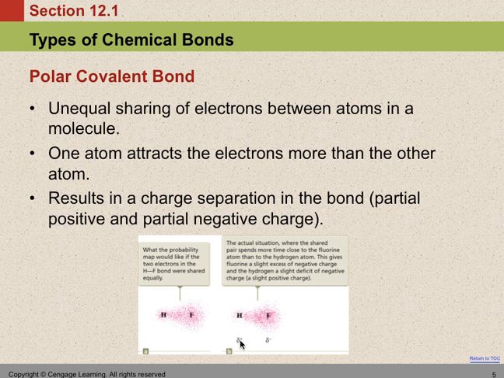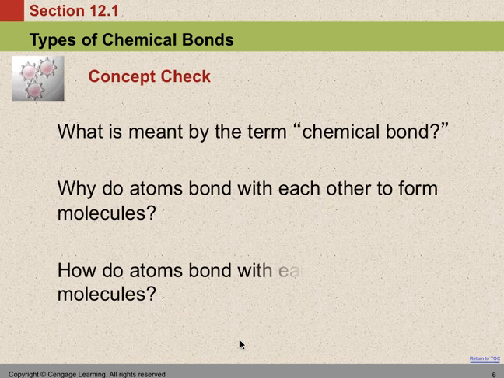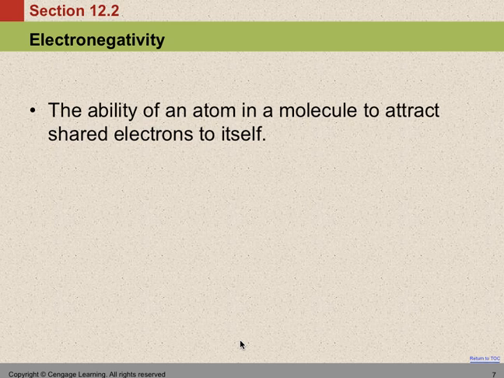But now we want to talk about how you decide what kind of bond we'll have. How we determine whether a bond is nonpolar, meaning equal sharing, or whether it's polar, unequal sharing of that pair of electrons, or whether it's ionic, meaning one atom has a strong enough attraction to attract those electrons to itself all the way, resulting in an ionic bond, is something called electronegativity.